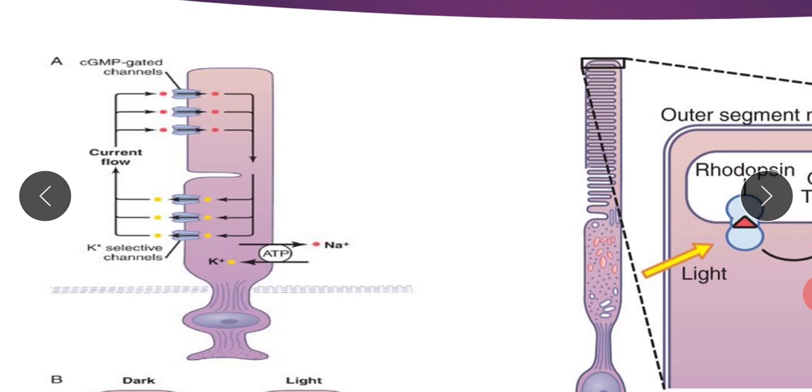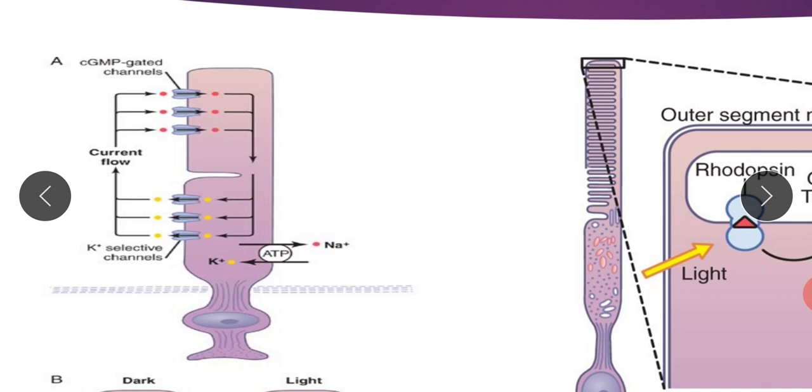So this is the main difference, and this may be asked in MCQs: which of the following sensory receptors has the hyperpolarization type of receptor potential? The answer is the photoreceptors, or rods and cones.